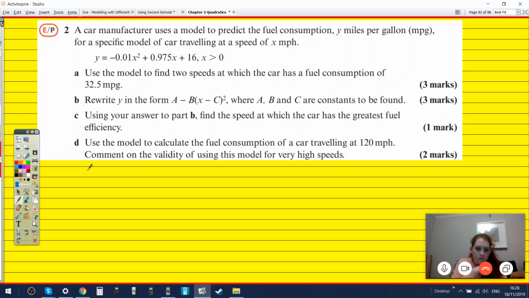Let's start from part B, I think. Is this what we did before, so it's completing the square? Yeah, so it's very similar.